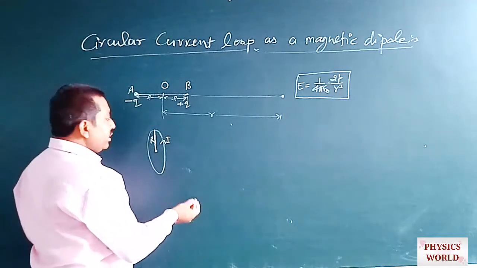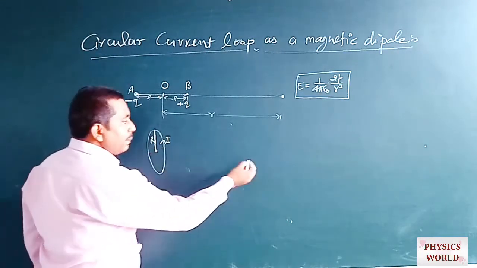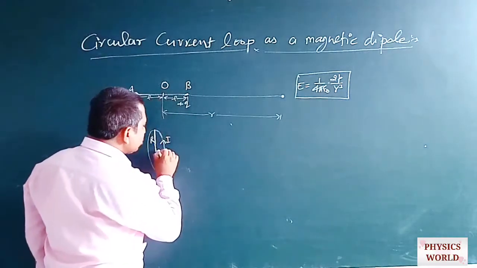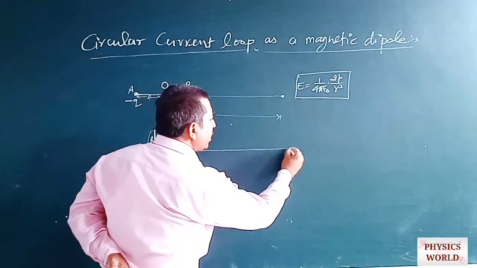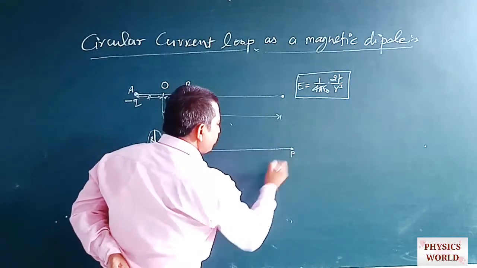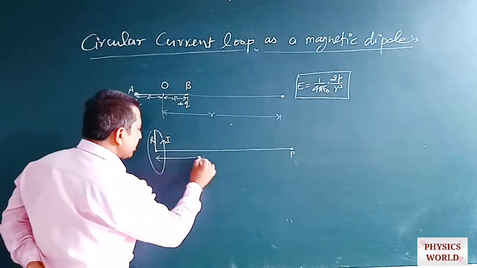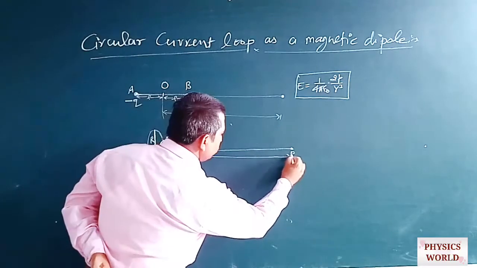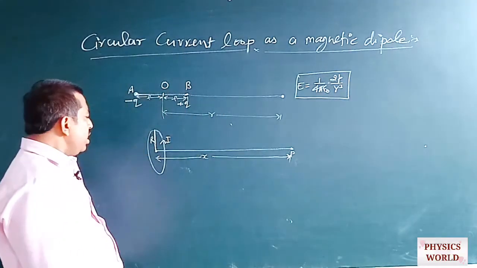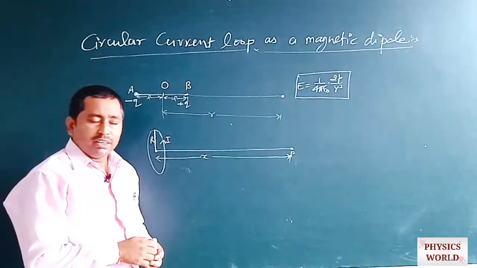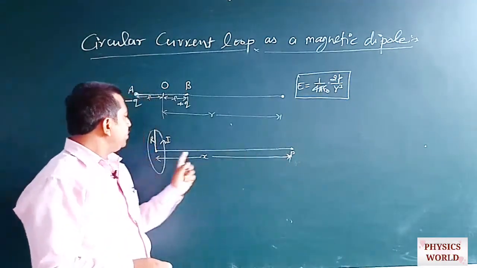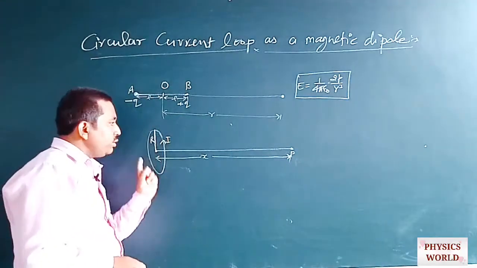So if we take a point on the axis of this circular current loop which is placed at very far distance, suppose that the distance of this point from the center of the circular loop is x. So what will be the value of the magnetic field at this point due to the current flowing through this circular loop?